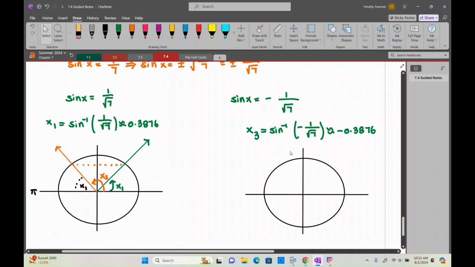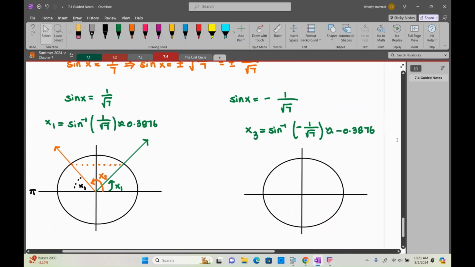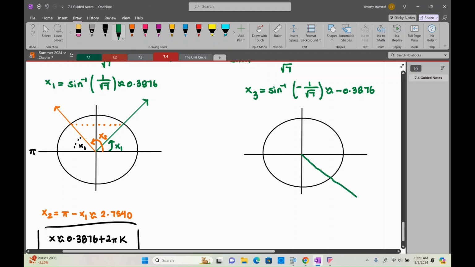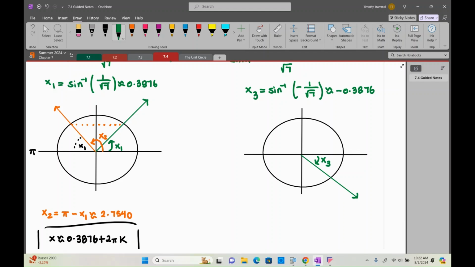Okay, so this time you can see sine is actually giving us a negative angle, which means that we should be down here in quadrant 4. Okay. Again, it's a negative angle. This is x3. Now, again, there's another spot on our unit circle that's going to have this exact same y value.